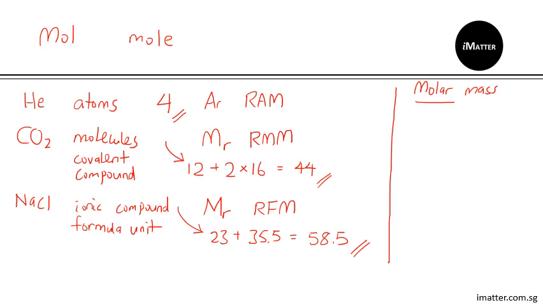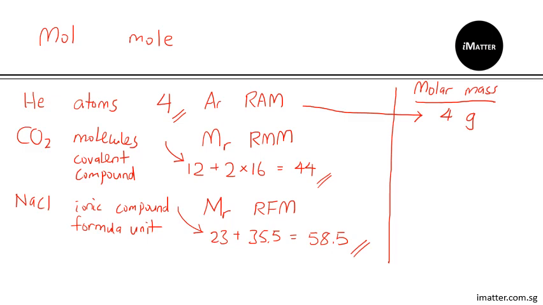This basically tells you the mass of a substance for 1 mole. So in the case of helium, 1 mole of helium will have a mass of 4 grams.